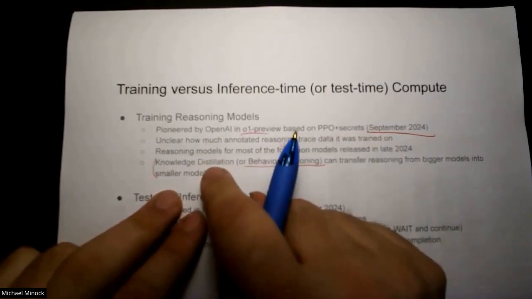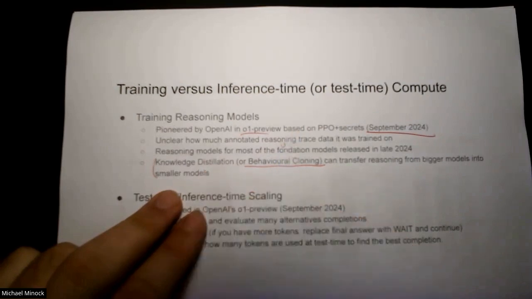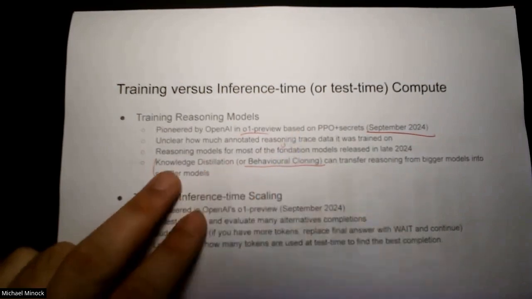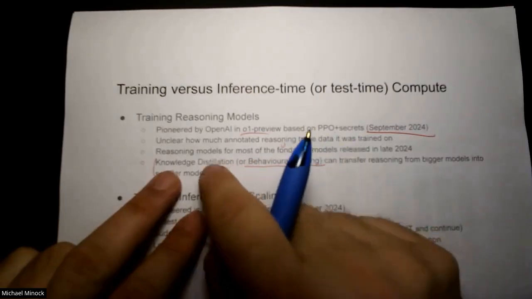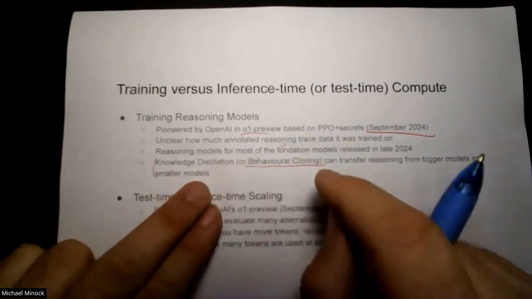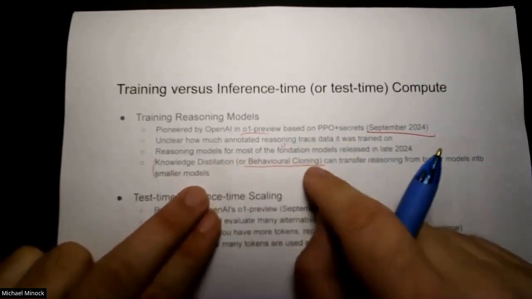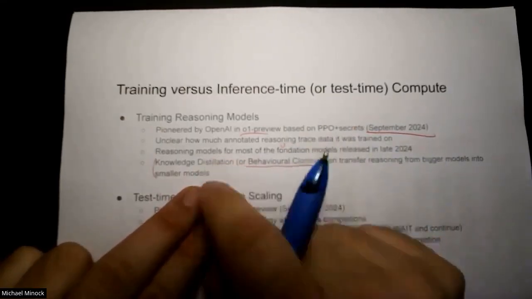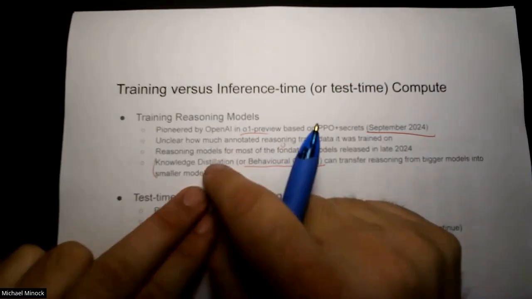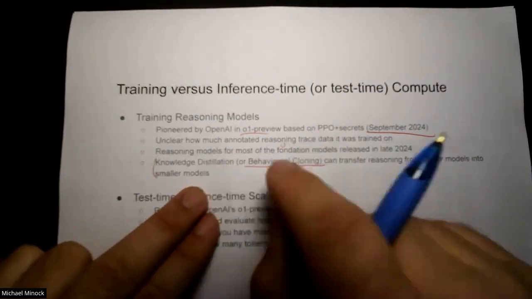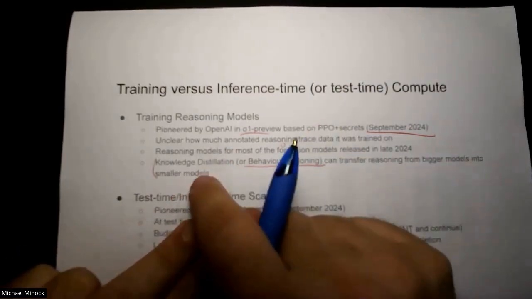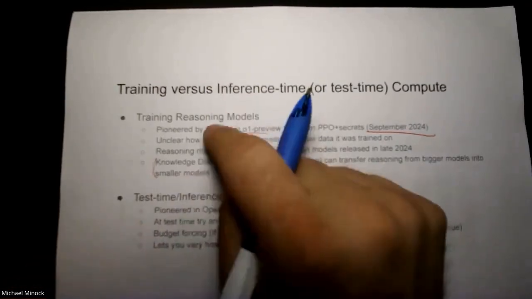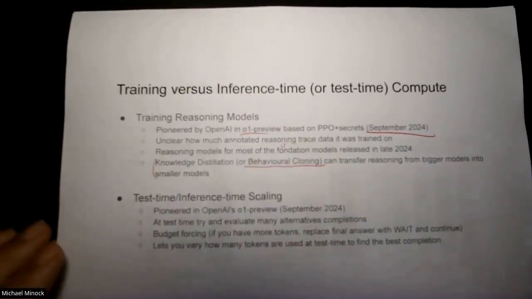Knowledge distillation happens when you have access to the logits of the big model, the teacher. So if you own it, then you can distill from it. But if you don't own it, then you have to just look at its outputs, and that's behavior cloning. This is slower. When you actually get the logits, you can do quicker convergence. But the point is, you can suck out the reasoning skills from a bigger model and transfer them down into smaller models. So that was something useful to know.